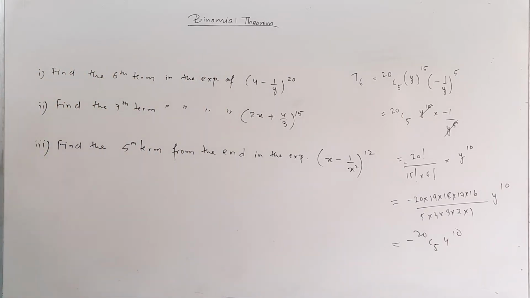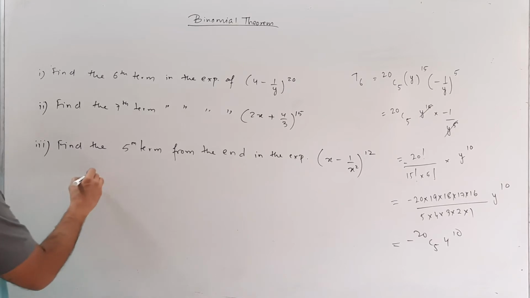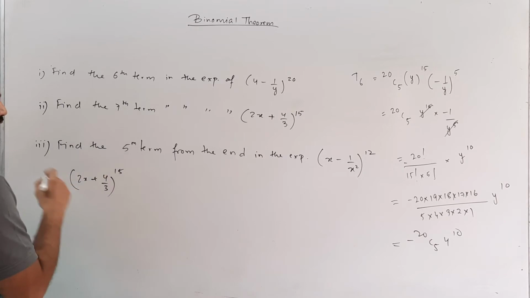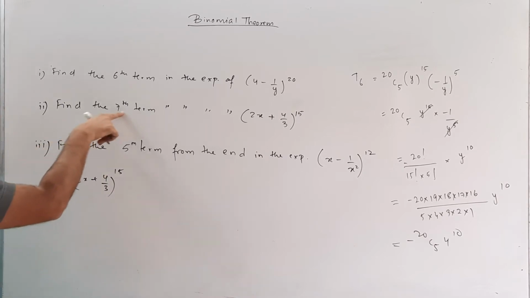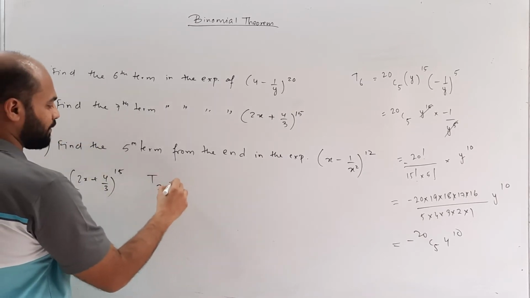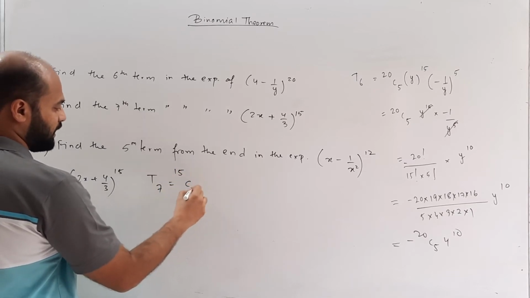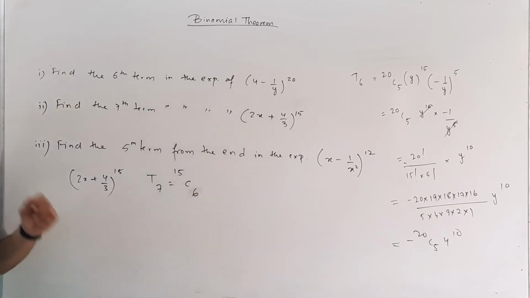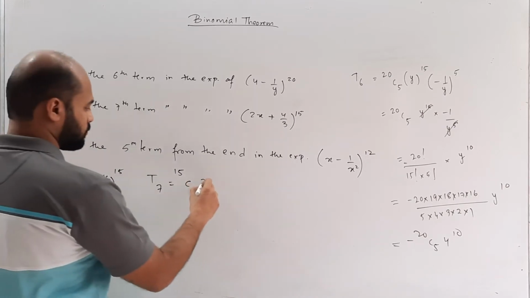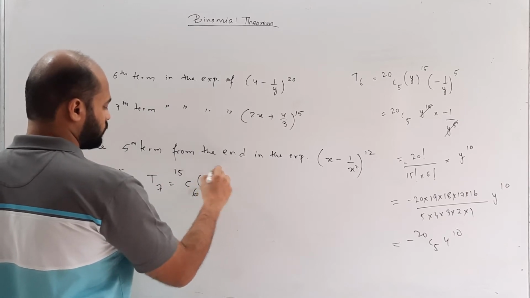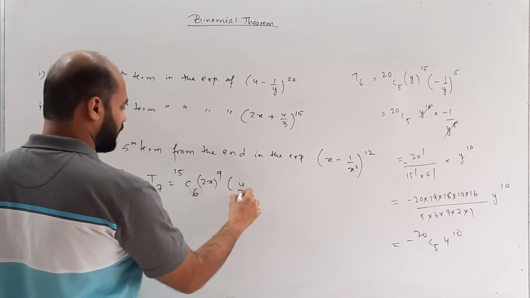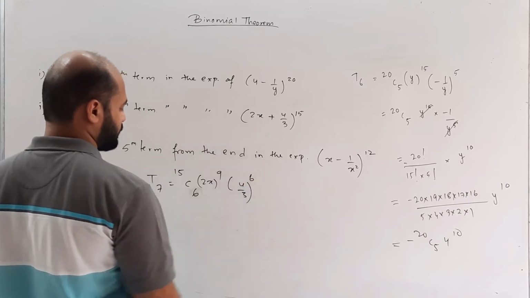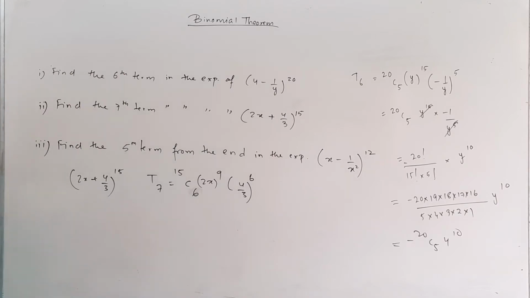Let's attempt the second problem now in a similar way to get a better feel of this. The expansion is (2x + y/3)^15. Since we want to find the 7th term, we are concerned about T7. So it's going to be 15C6 (2x)^9 (y/3)^6.